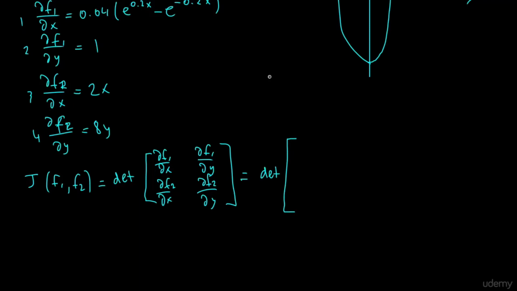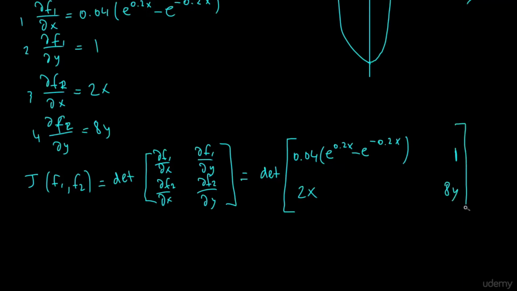So df1 by dx is this long thing, so that's 0.04 times e to the 0.2x minus e to the minus 0.2x, like so. Then df1 by dy is a 1. The term here will be 2x, and this will be 8y.